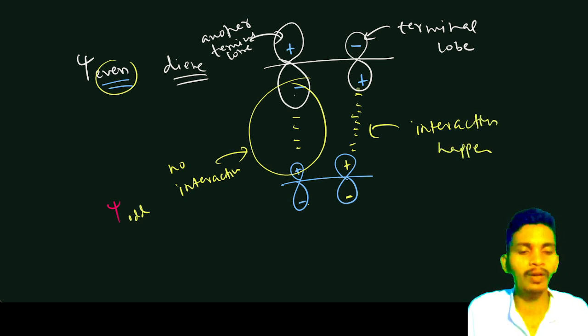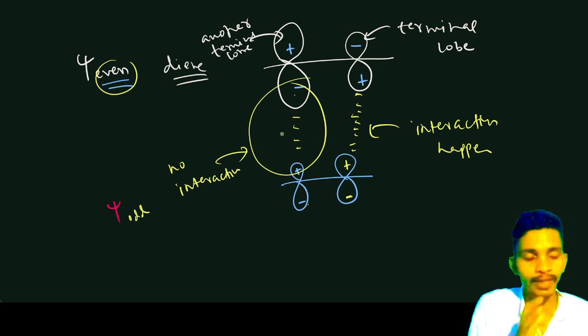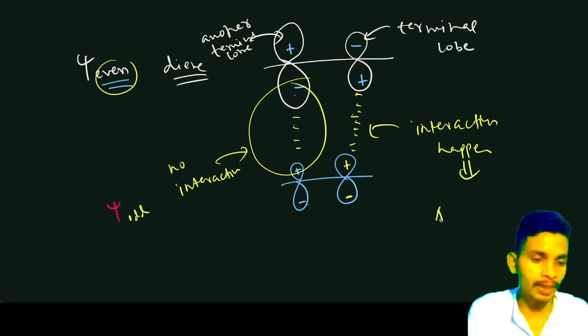It means that one lobe is doing the interaction and another lobe is not. That type of interaction is called antarafacial interaction.